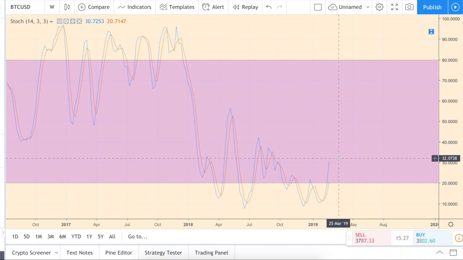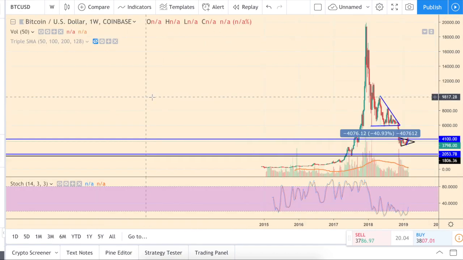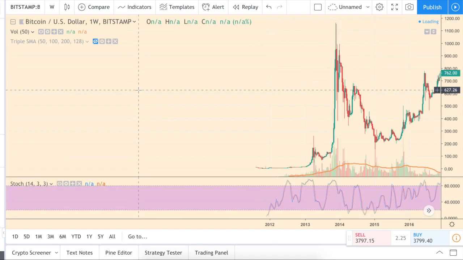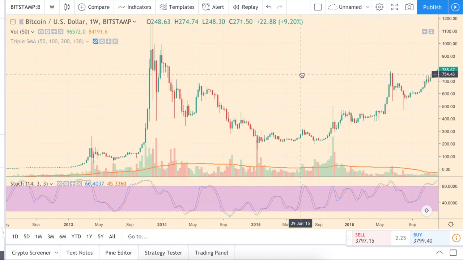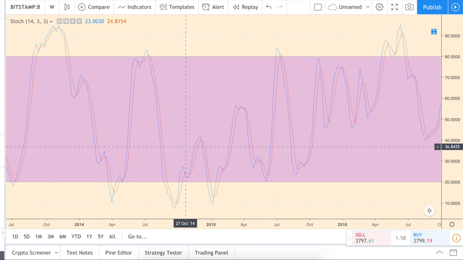Moreover, if you return to 2015, we would have to go to Bitstamp to see that. In 2015 you may also see a very similar picture of the lows and the behavior of the stochastic oscillator in general.